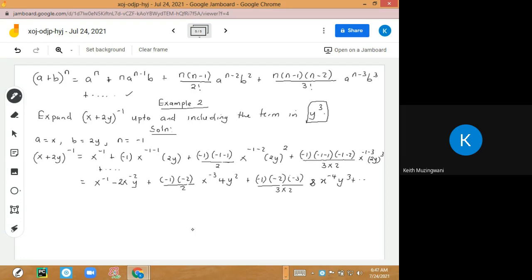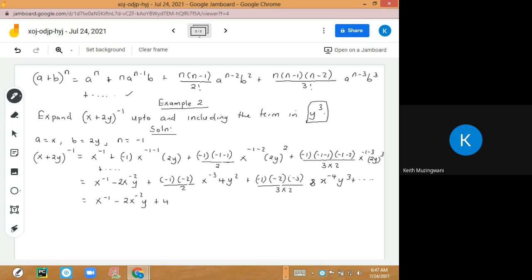So we can simplify now. We have x power negative 1 minus 2x power negative 2 y, and negative 1 multiplied by negative 2, we get 2. 2 over 2 is 1.